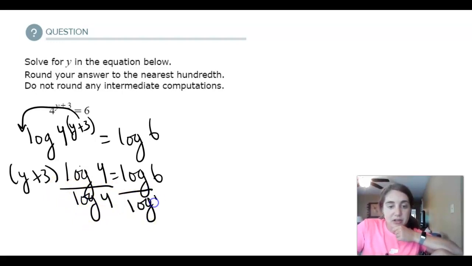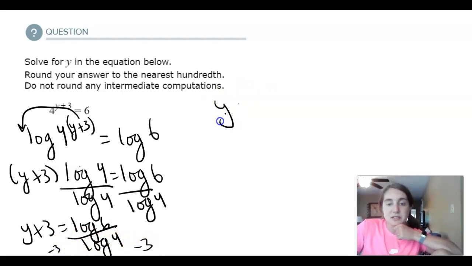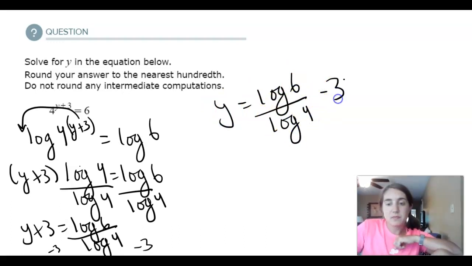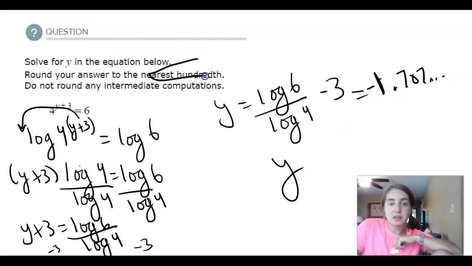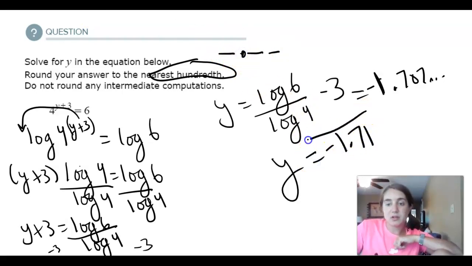Now I'm just doing whatever work I need to do to actually get y by itself. Subtract 3 from both sides. It asks us to round to the nearest hundredth again, so I only want 2 decimal places. So that would round to -1.71.